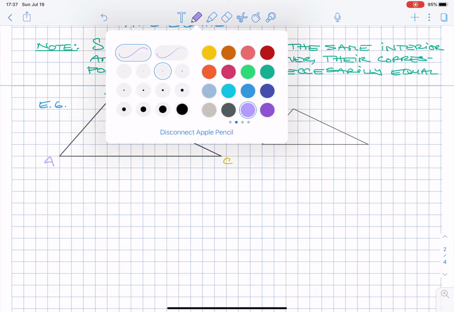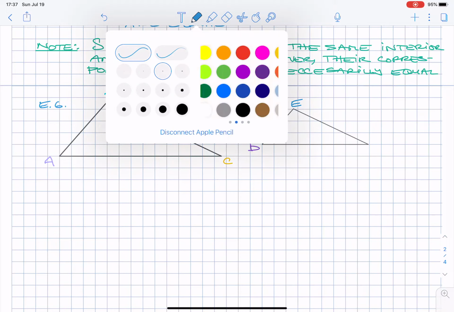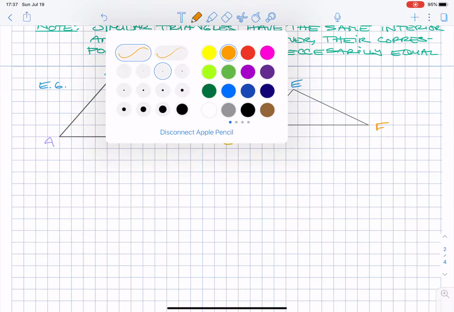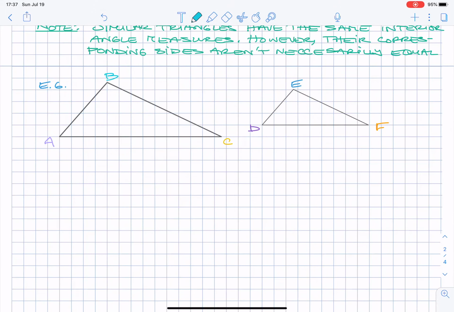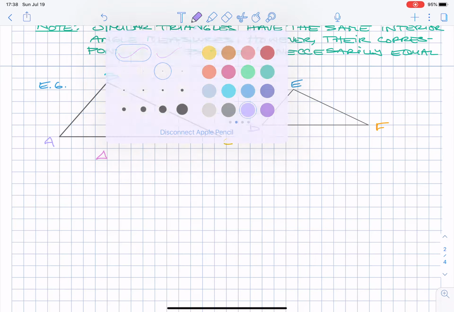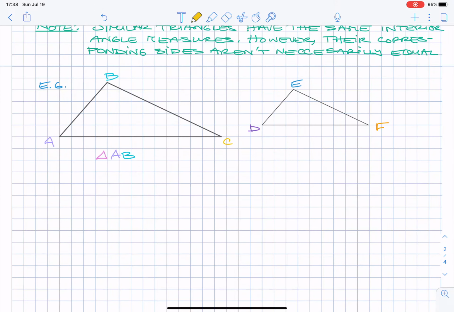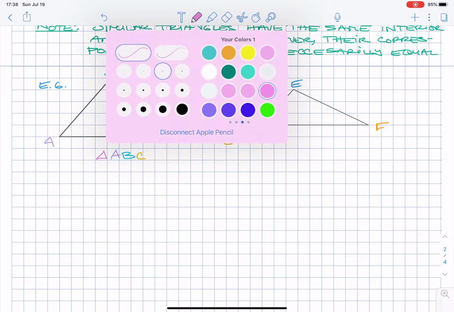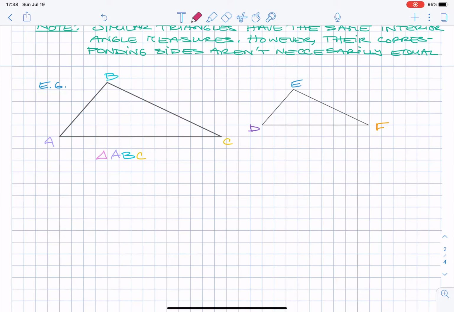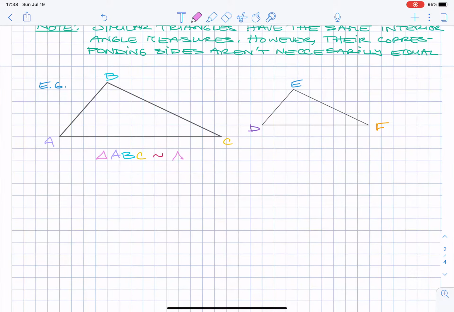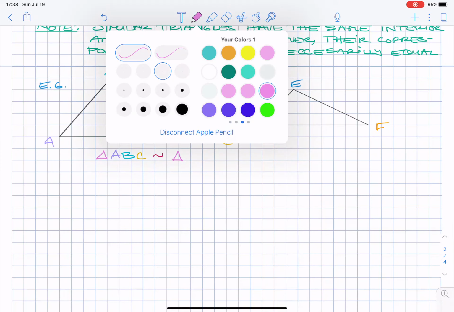Actually, I'm going to make these a bit darker. D, E, and F. So I claim that triangle ABC is similar, so that's a little squiggle, to triangle DEF.